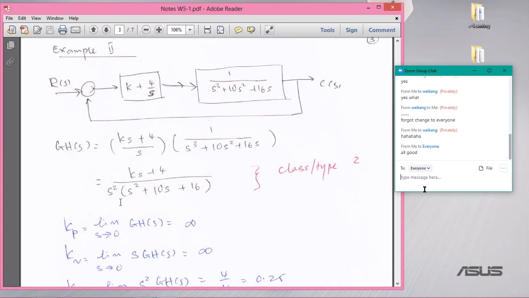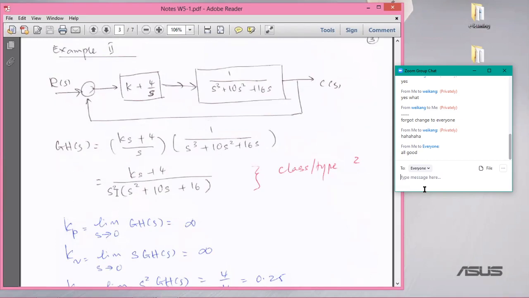You can clearly see here that this is system class 2 or type 2. In the denominator, a single s that you factor out is raised to the power of 2. The highest s in the denominator is 4, so this is a 4th order system, but this is type 2.